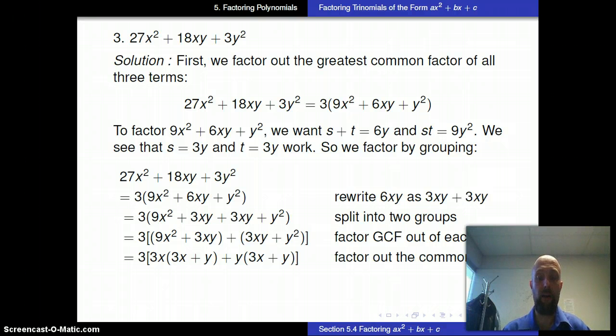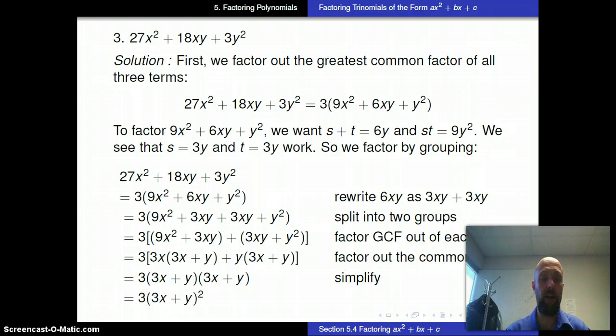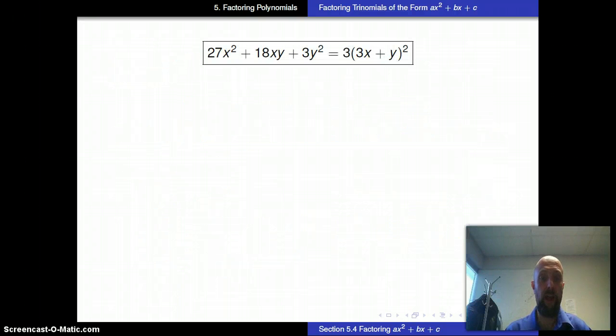Now we factor out the common binomial 3x plus y and are left with 3x plus y. So we can simplify this a little bit more by rewriting as 3 times 3x plus y squared. So we have the factorization 27x squared plus 18xy plus 3y squared is 3 times 3x plus y squared.